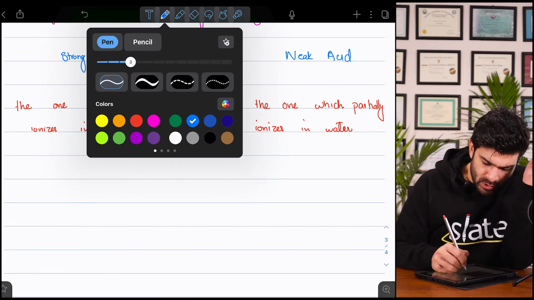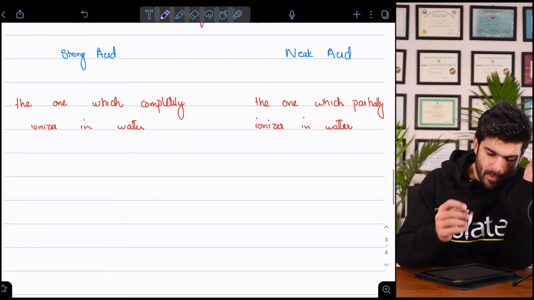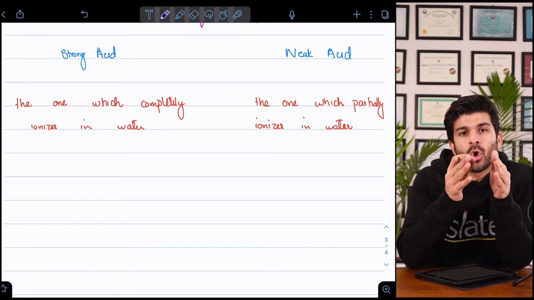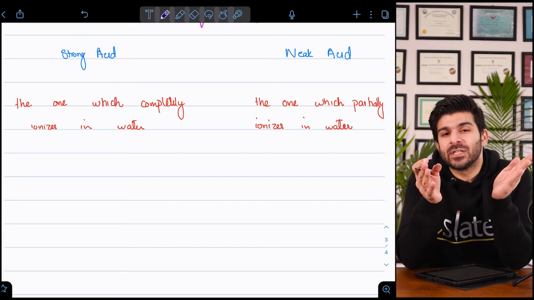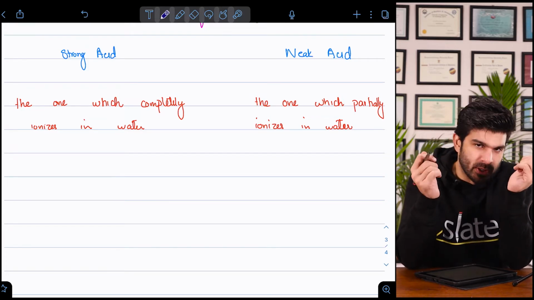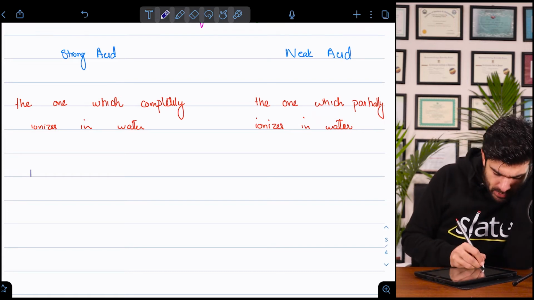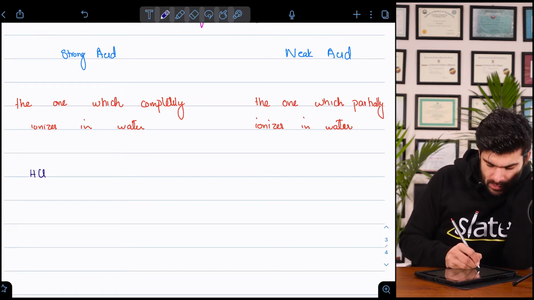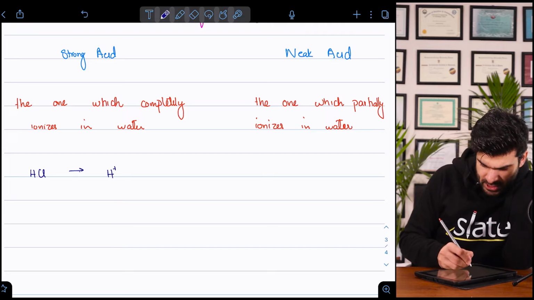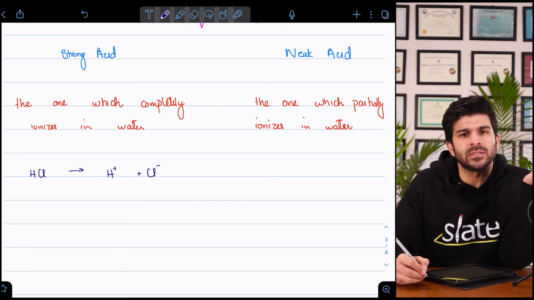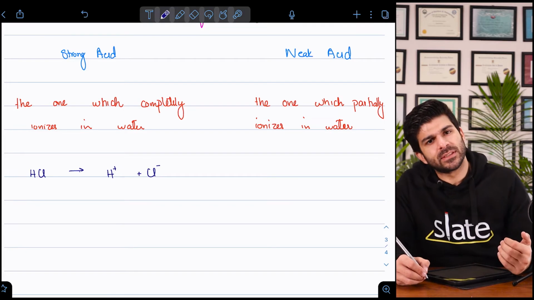The point is, students, a strong acid is the one which completely ionizes or dissociates in water. For example, if I put HCl, it's H plus Cl minus. That's how it dissociates.